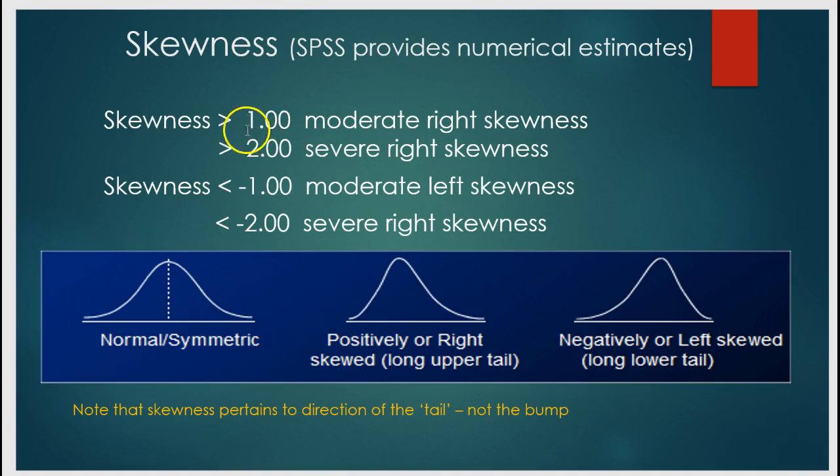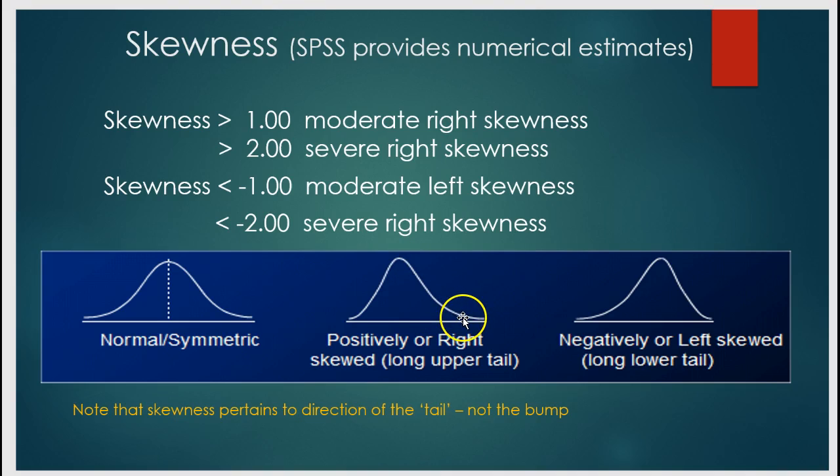And we have these values of 1 and 2, or -1 and -2. And so for skewness, if it's a 1, it means there's, they call it a right skewness. But you have to look at the idea that right isn't where the bump is. It's a little counterintuitive. They're not looking at where the bump is.